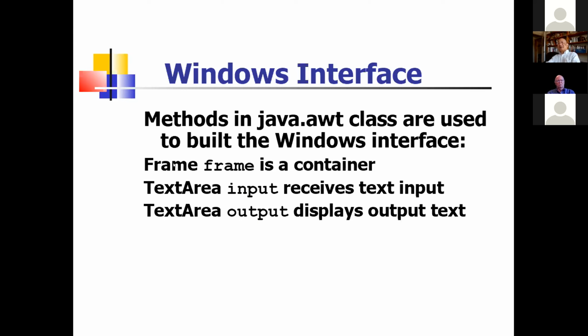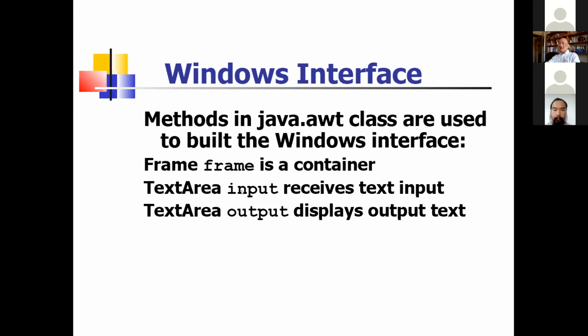Okay, you use the frame to create a container, a big window. And inside the frame, I put an input text area and an output text area. The input text area will receive text input.